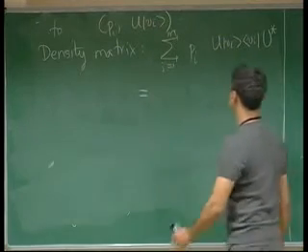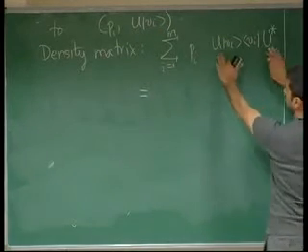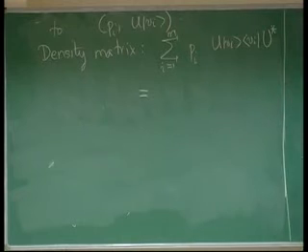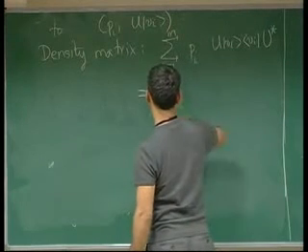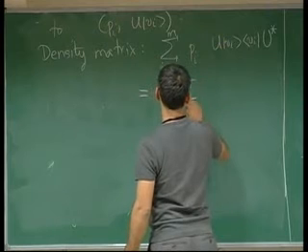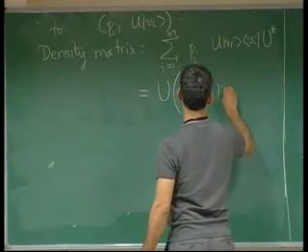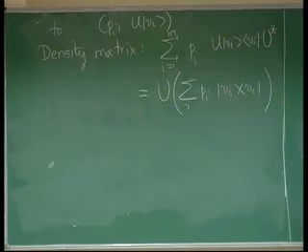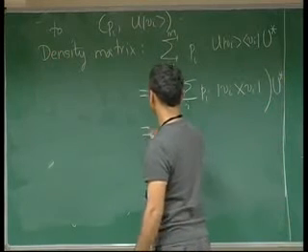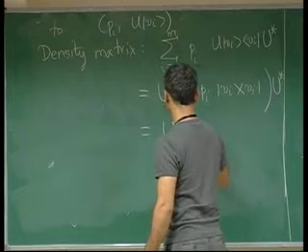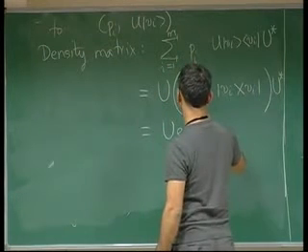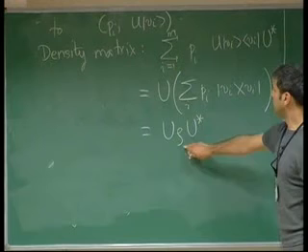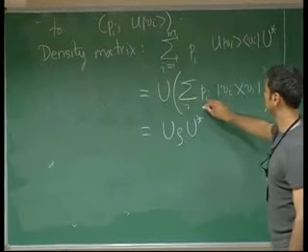And now you see that because matrix multiplication distributes over addition, you can write this as U times summation I Pi VI U conjugate transpose, so U adjoint, which is precisely U rho U adjoint, where rho was the original density matrix.